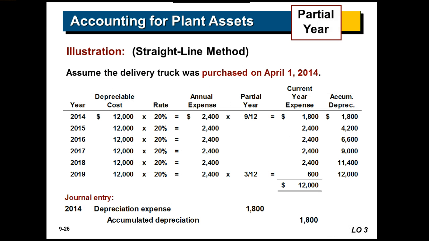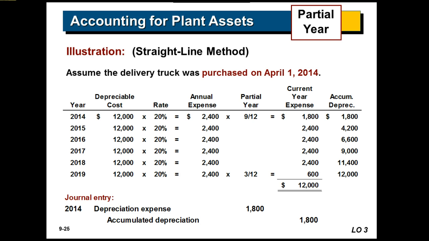Now, what we're going to do here is we're going to still do straight line depreciation, but instead of it being a clean year, we're going to purchase this asset on April 1st. So basically what we'll do is we'll allocate this asset for the months in a year.